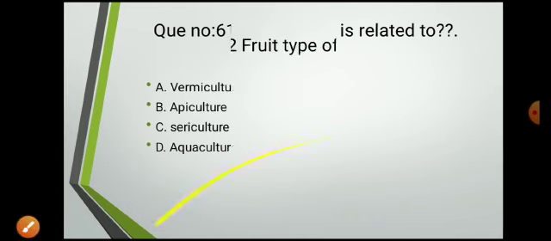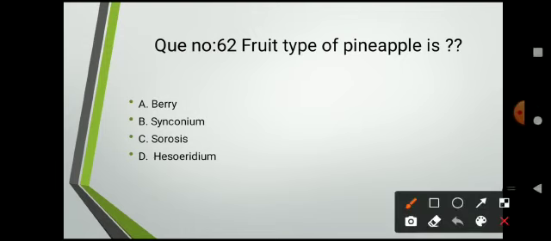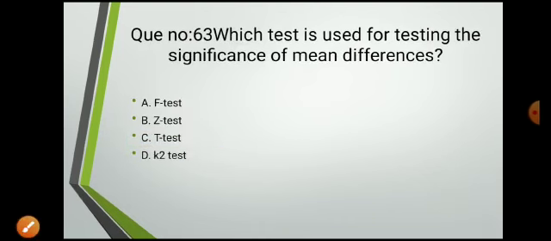Question number 62. The fruit type of pineapple is. Options are berry, synconium, sorosis, and hesperidium. The correct option is option C, sorosis. It is the fruit type of pineapple. Question number 63. Which test is used for testing the significance of mean differences?